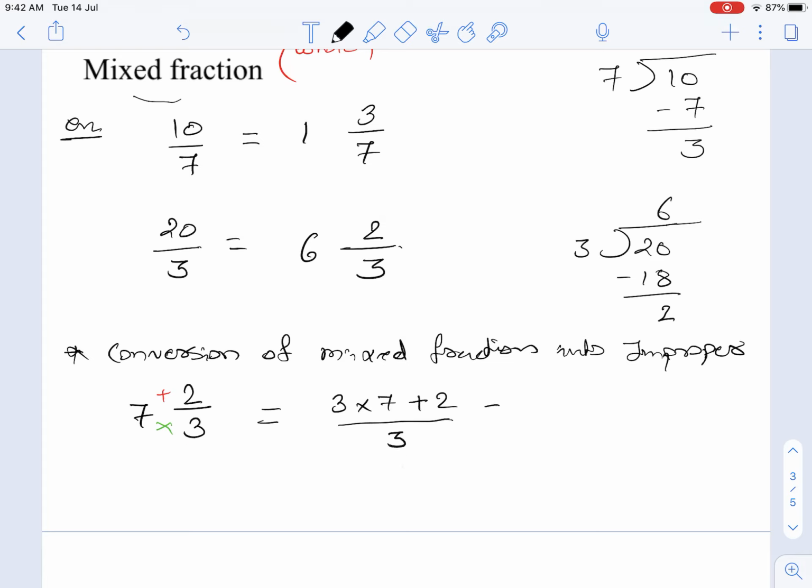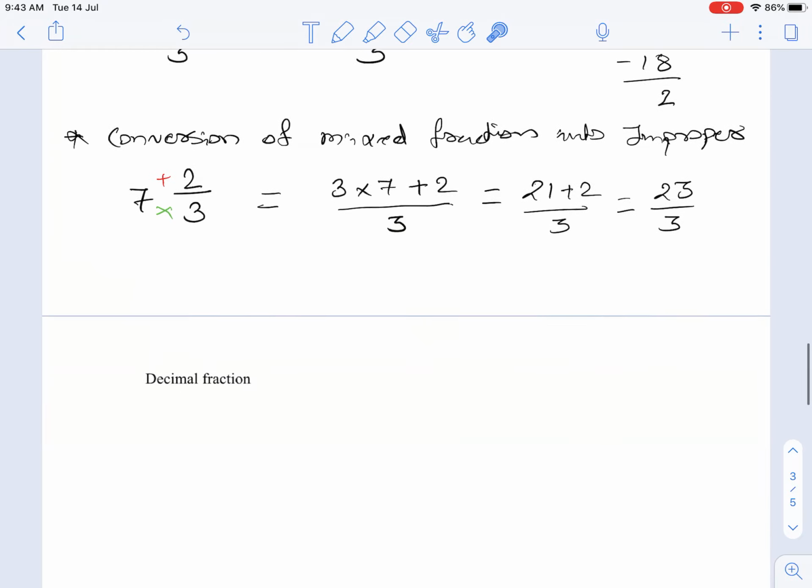Now as per the BODMAS rule, first we will do multiplication. So 3 7s are 21, plus 2 upon 3, so that equals 23 upon 3. Here we have converted a mixed fraction into an improper fraction. It can be seen that the numerator is greater than the denominator, meaning it is an example of an improper fraction.